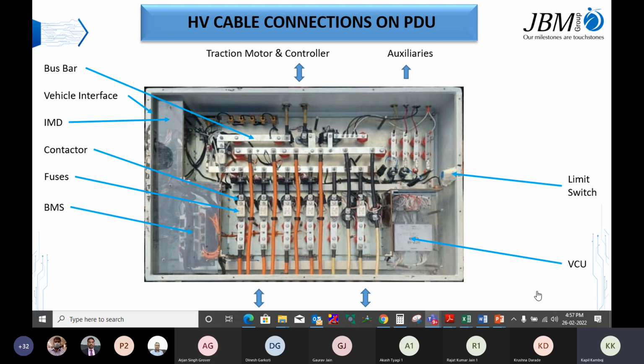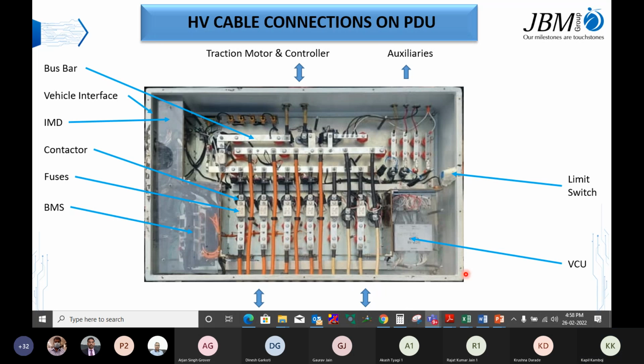The limitation is, maybe I could use only a single gun, because I want to run 2 wires from the charging socket to the PDU. I can use a 500 ampere single socket and charge the bus very easily, but for that the charging socket is not in SOP yet from any supplier. That socket will be liquid cooled, and even the gun which comes to the charging socket will also be liquid cooled. That development is going on, but it is still not in SOP.